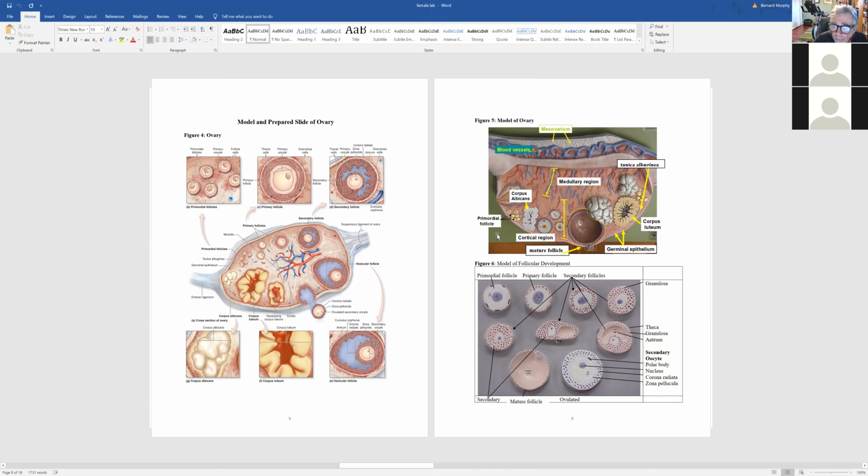And so you start off with primordial follicles over here. And these have an oocyte in them. And a woman is born with all of them she's ever going to have. And inside is an oogonium that has already started meiosis, is arrested in prophase 1.